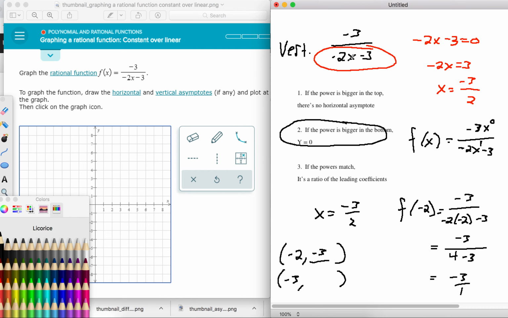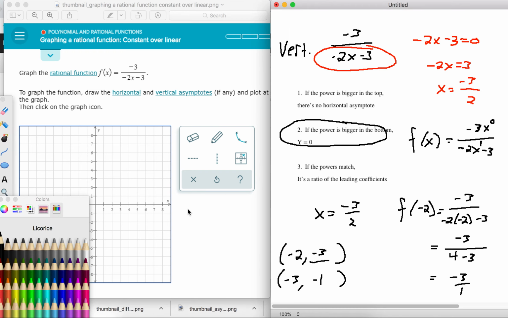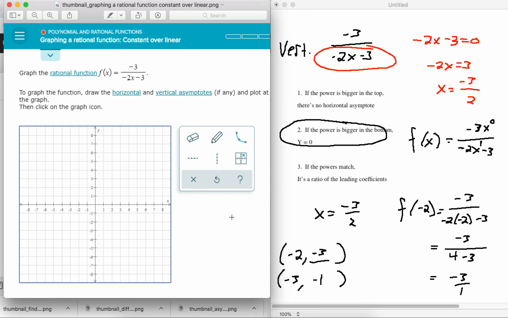Plug it in for x and see what it spits out for y, but I'll skip that this time because I showed those steps over there. -2 times -3 makes +6. 6 minus 3 makes 3. -3 divided by 3 gives us -1. So use your pencil tool, go to -3, -1, put a dot. And then after you make those 2 points, 2 points that I just showed, connect them with this tool here, okay?